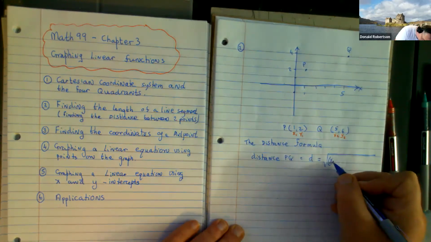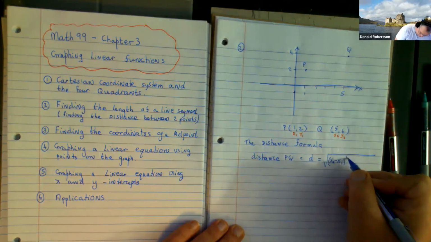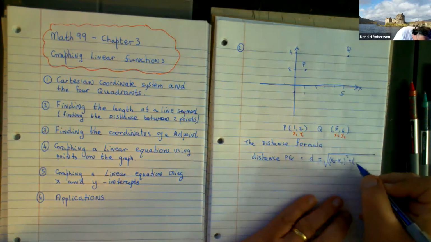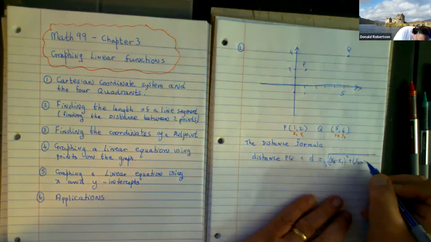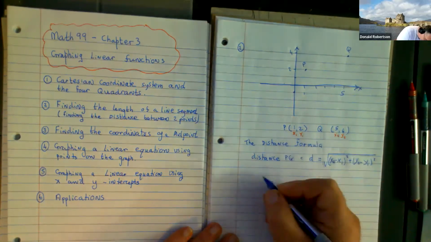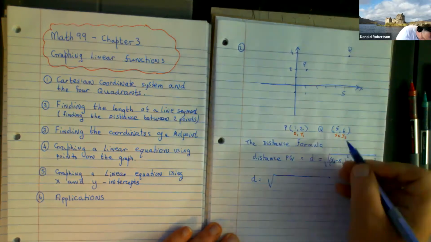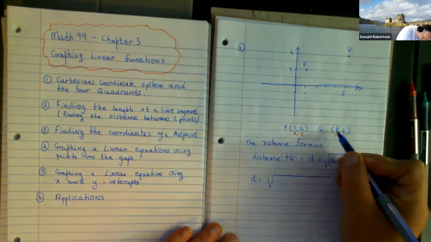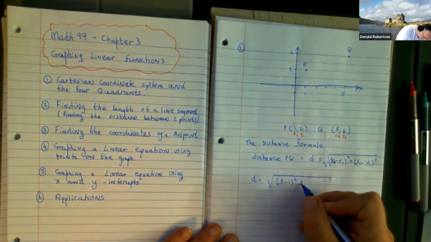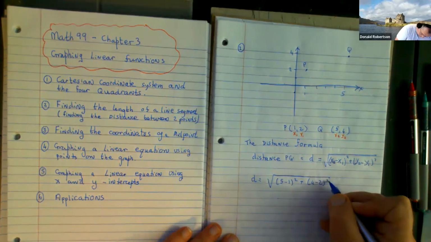It's the x coordinate x2 take away x1 squared. It's the difference in the x coordinates squared plus the difference in the y coordinates squared. So in this situation here, it would be the square root of 5 take away 1 squared plus 4 take away 2 squared.